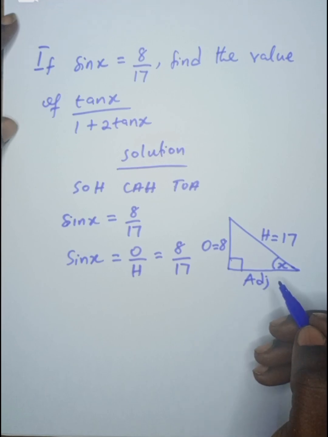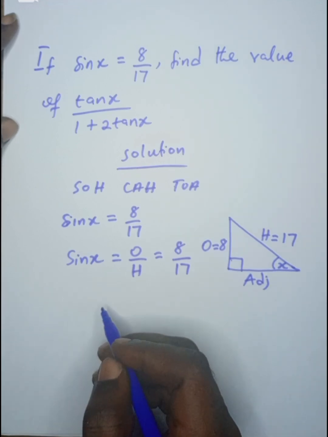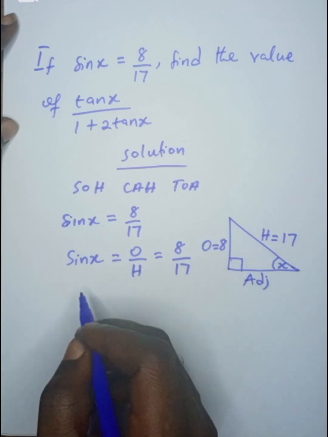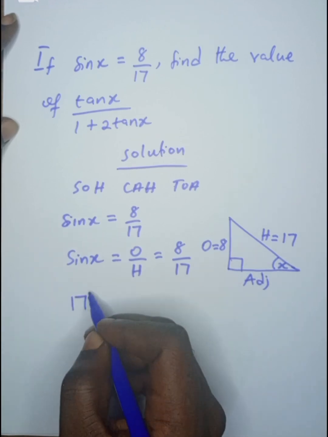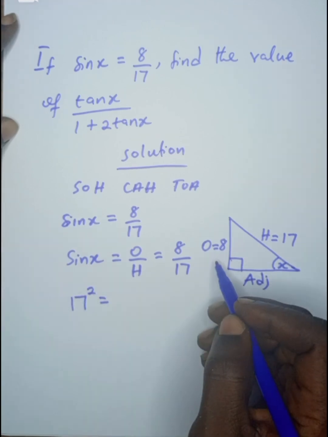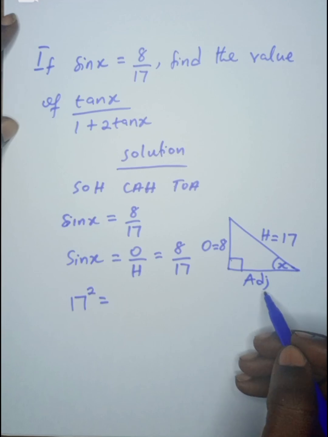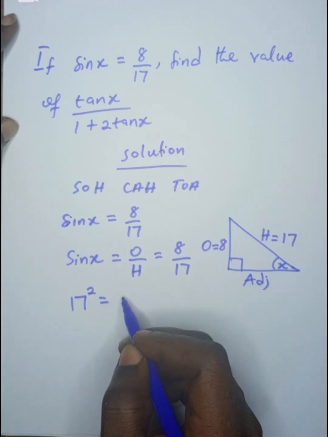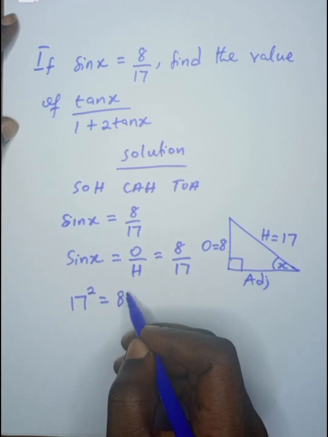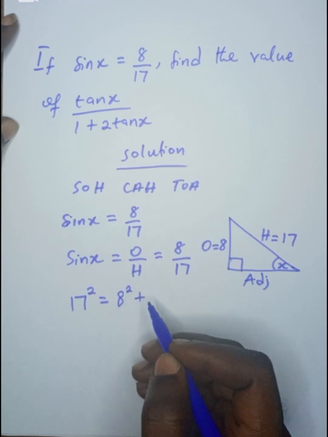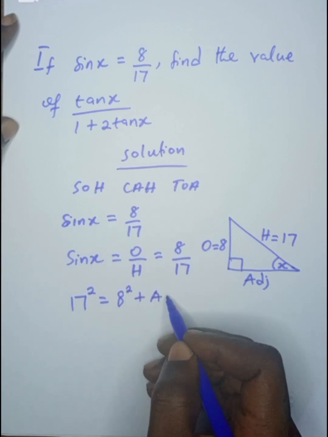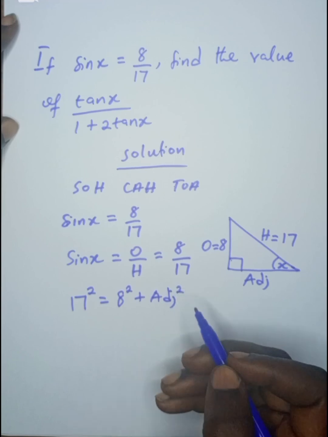According to Pythagoras theorem, the longest side square, which is 17 square, is equal to the sum of the squares of the other two sides, the opposite and the adjacent. So we have the opposite to be 8, so 8 square plus the adjacent square.